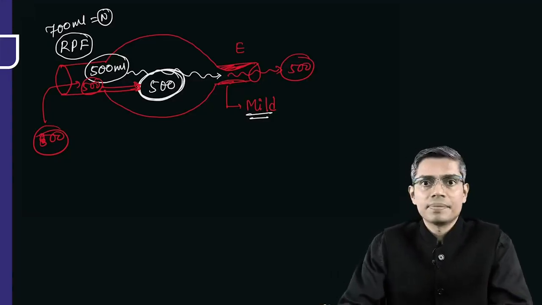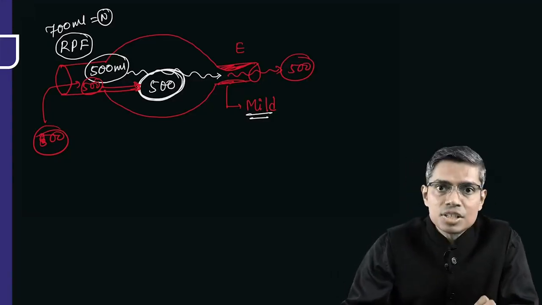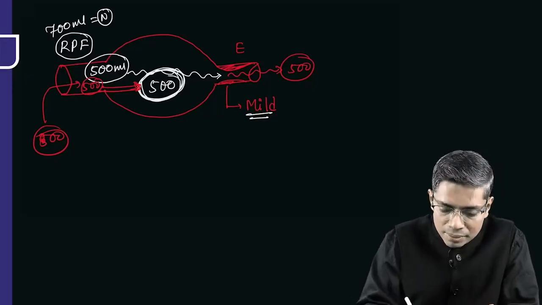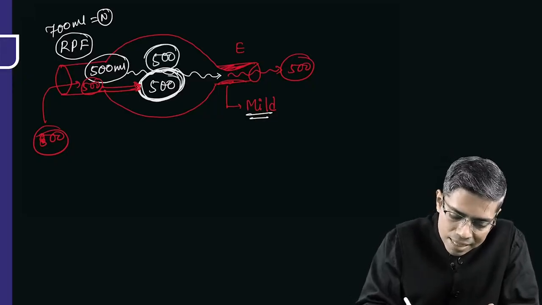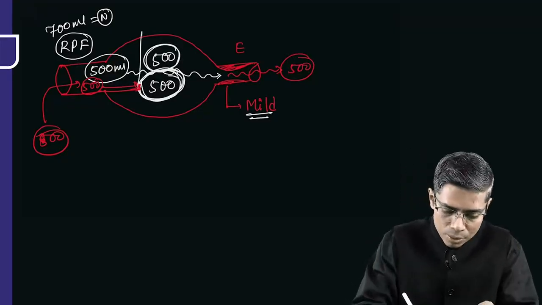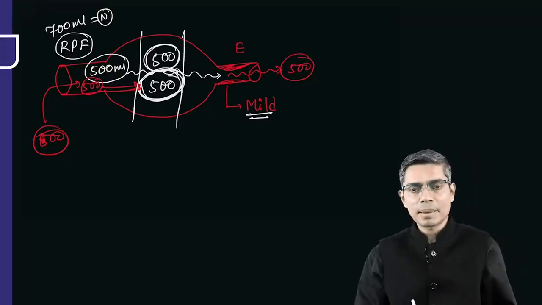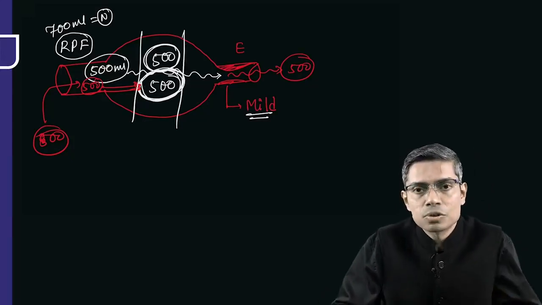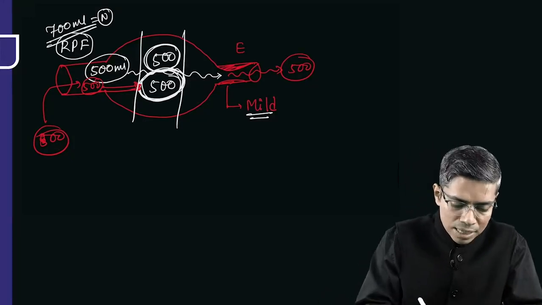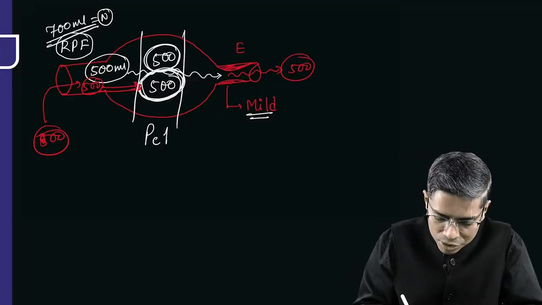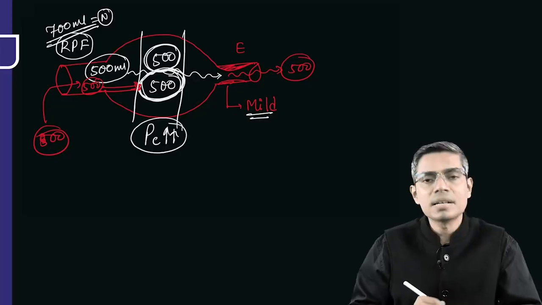So I can understand that in steady state condition, 500 ml of plasma was already there. Another 500 ml of plasma is adding up with this volume of plasma. So the total volume of plasma which is present at the level of glomerular capillary in this condition is 1000 ml approximately. So 1000 ml means this is more than the normal volume of plasma. So what will happen to the hydrostatic pressure of the glomerular capillary? High.